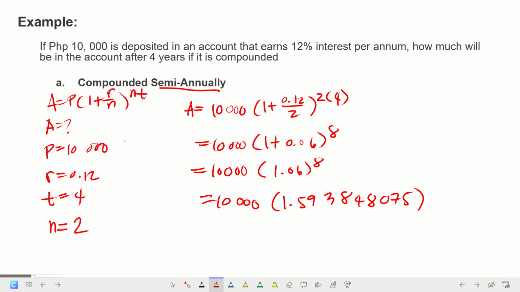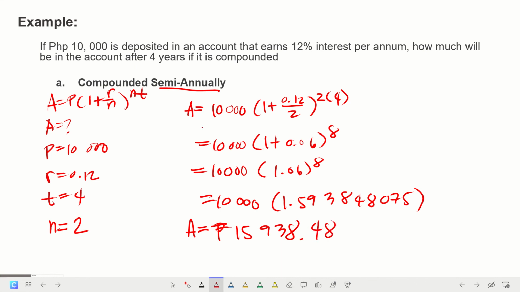So the amount after 4 years, if it is compounded semi-annually, is equal to 15,938.48 pesos. Let me fix this.